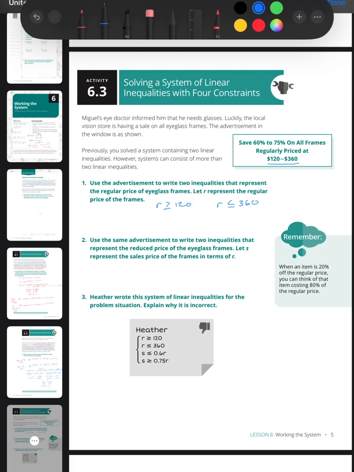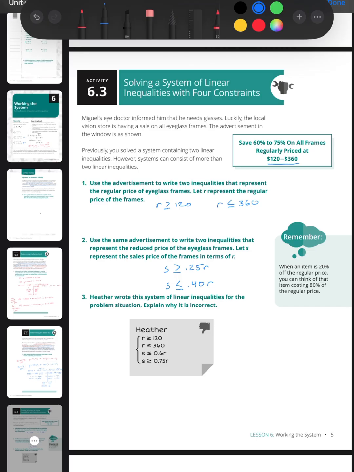So our sale price is going to be greater than or equal to, and the lowest discount was 75% off, so you're paying 25%, so 0.25 of the regular price. That would be the one constraint. And our other one, 0.4, 40%, we're going to be less than or equal to 40% of the regular price. So there would be another constraint.